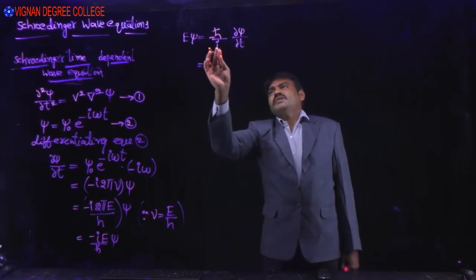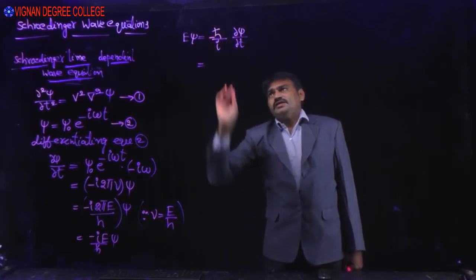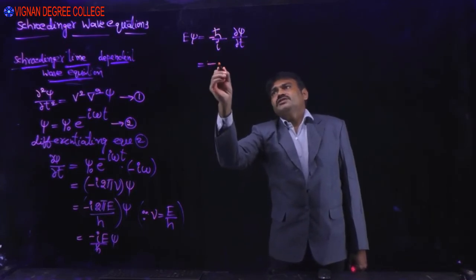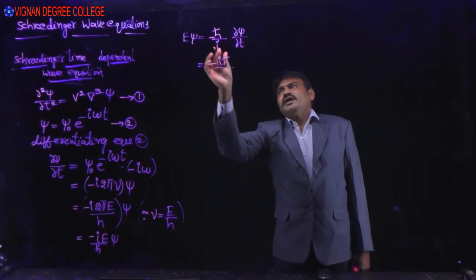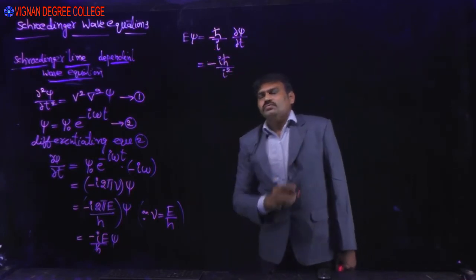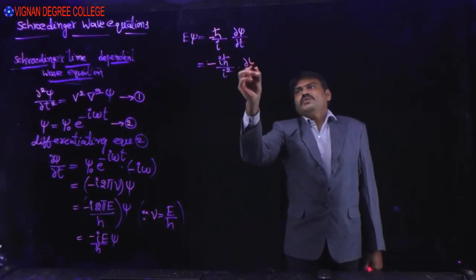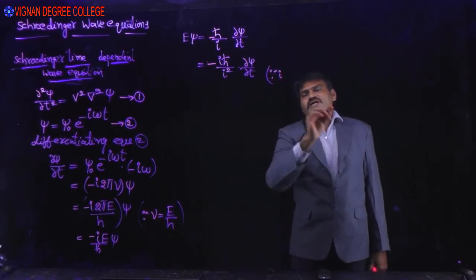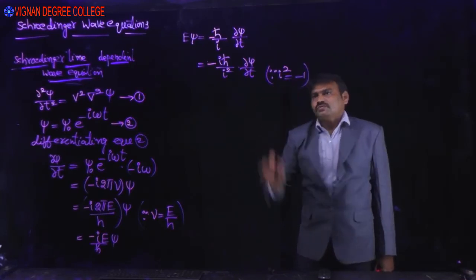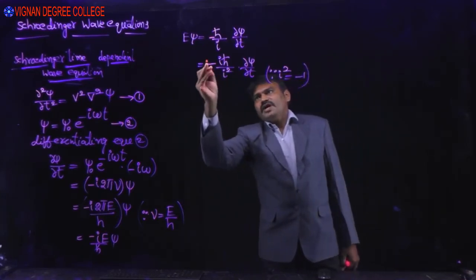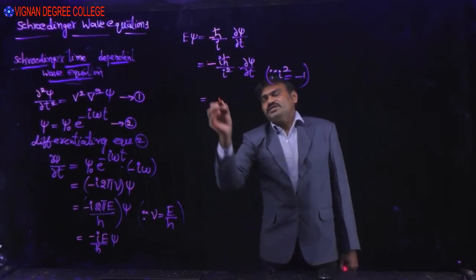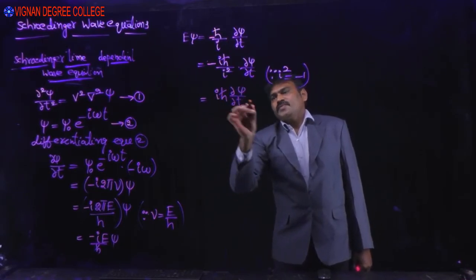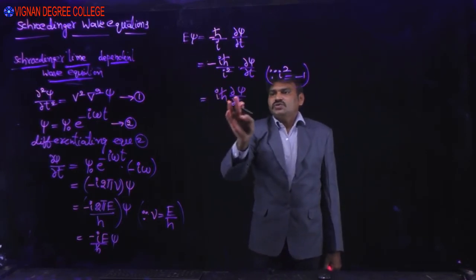Here in this equation, multiply and divide by i: −i ħ/i² ∂ψ/∂t. Since i² = −1, which is imaginary squared, minus by minus cancels, and we get iħ ∂ψ/∂t. So Eψ = iħ ∂ψ/∂t.